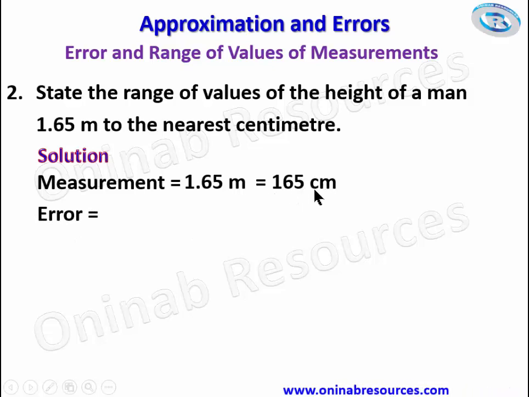This error here is similar to the previous problem. The nearest centimeter is still going to be the same error. So we have the smallest unit there to be 1 centimeter, and we divide the 1 centimeter by 2, it gives 0.5 centimeters, which is going to be plus or minus.